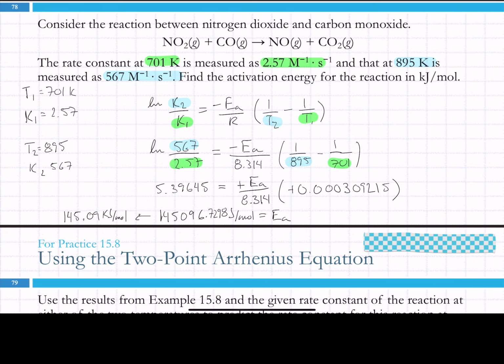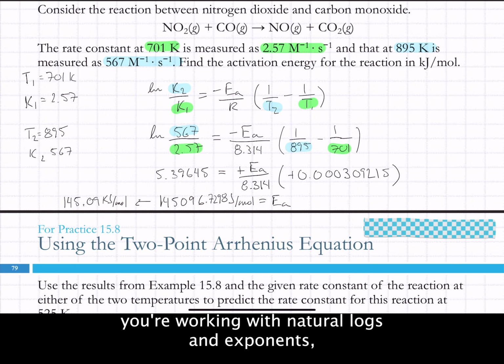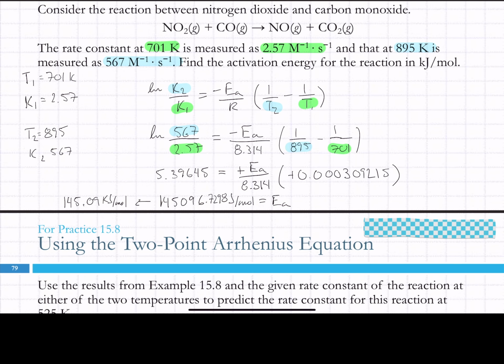We're going to do the next problem also. So whenever you're working with natural logs and exponents, the rounding error becomes a lot worse. So we're going to use this number in the next problem.